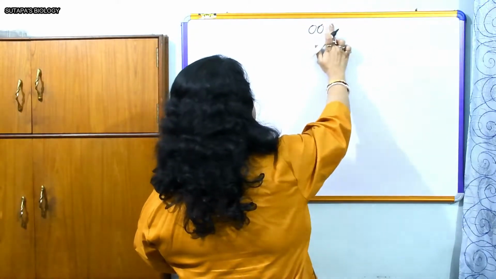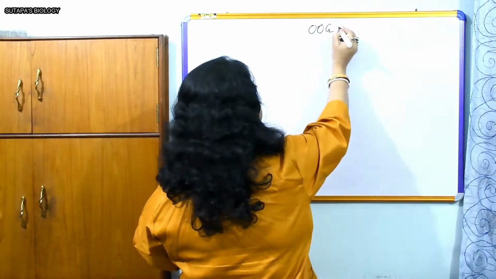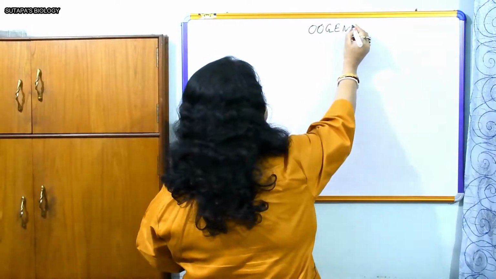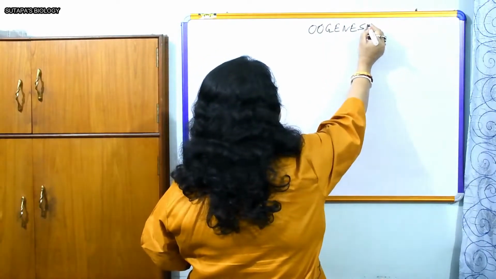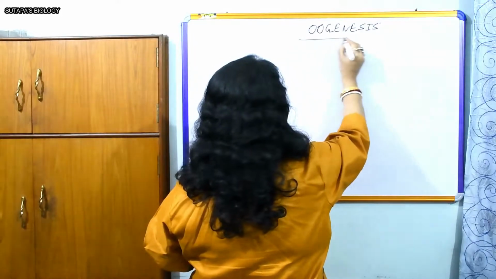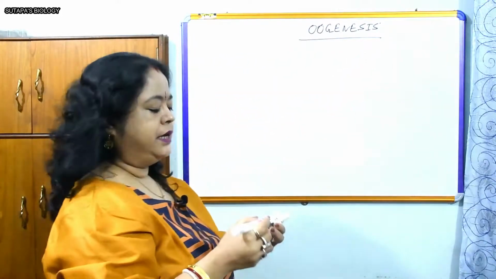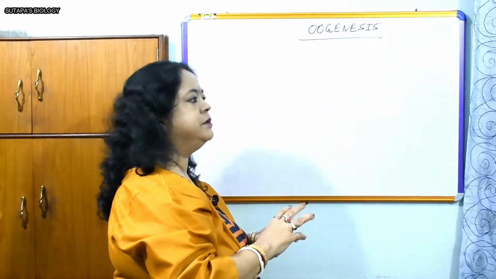In oogenesis, it's the formation of ovum inside the ovary, and it's divided into three subdivisions.